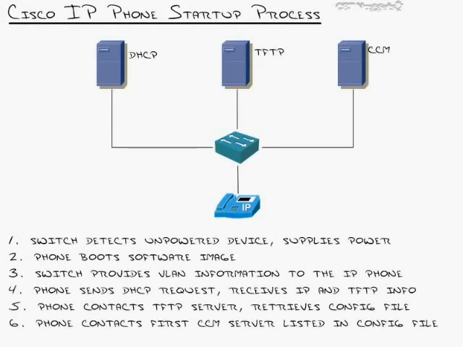So, when you get a Cisco IP phone and you plug it into a switch, first thing that's going to happen is the switch is going to detect inline power or power over Ethernet capability. It uses one of two methods. You've got the Cisco proprietary, I guess you could call it now, inline. Cisco refers to that as inline power.